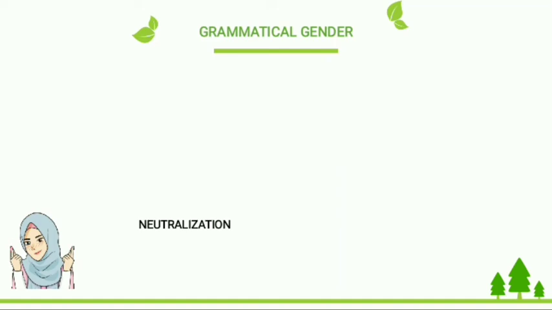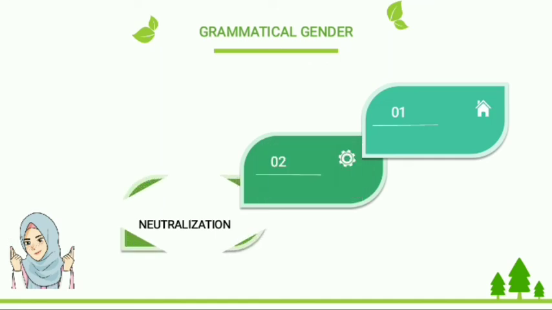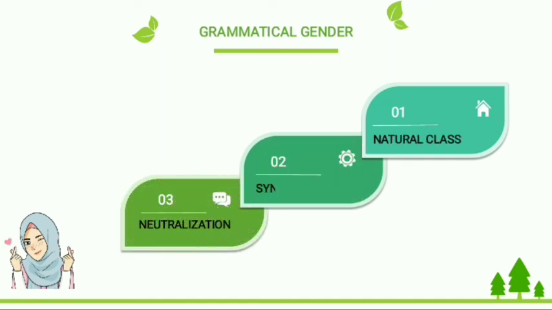Okay, next is about grammatical gender. In grammatical gender, there is the natural class. It talks about a group of words that have the same sense, so they are in the same natural class.